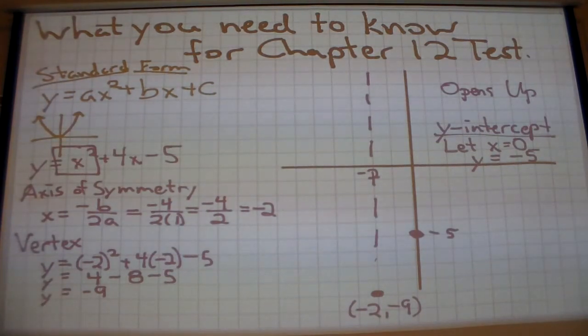Now, why I like the y-intercept is, first of all, it gives me a point that my graph goes through, but it also gives me a point on the other side. If I went up to here, I could go over 2 to the other side, and it would give me another point, because it's 2 away from the axis of symmetry. It's like when you do a reflection.